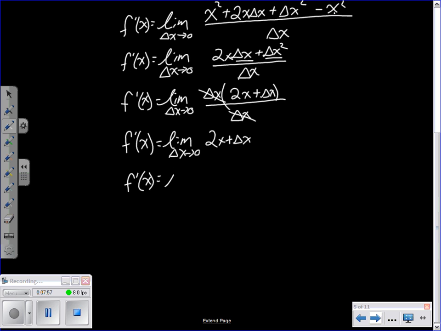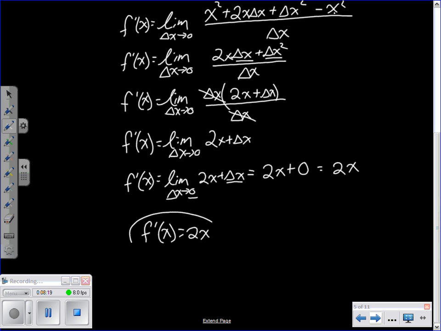So the limit as delta x goes to 0 of 2x plus delta x equals 2x plus 0. So I'm taking the value that delta x is approaching and plugging it in for delta x. What this gives me then is 2x. So my derivative f prime of x is equal to 2x.